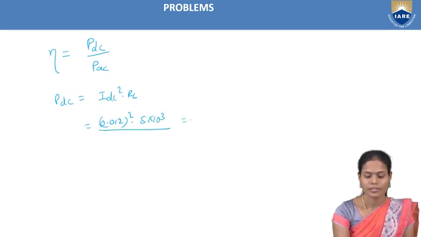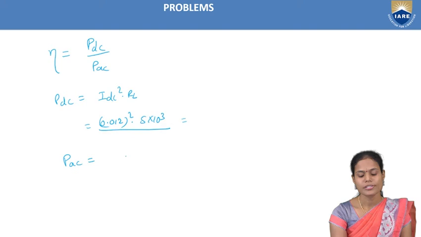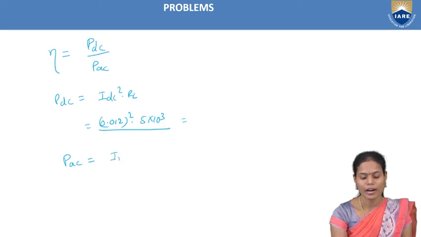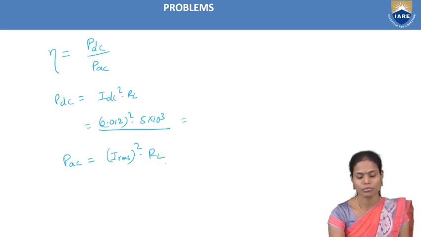If we calculate this, we will get the PDC value. And next, we need to calculate PAC. The PAC value is IRMS square into RL only. Here also they didn't mention any RF, so that's why IRMS square into RL.